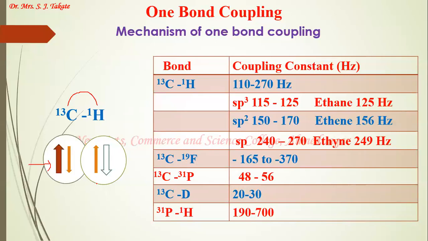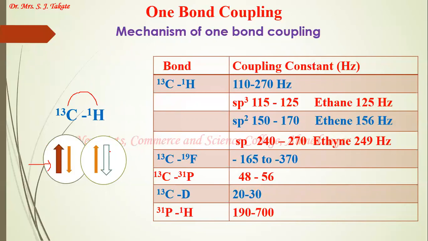As I said previously, the electron close to the nucleus will try to have its spin opposite to the nuclear spin. This is the ground state carbon 13 nucleus. It is going to absorb the radio frequency radiation and be excited. Now, how is this coupling partner going to affect this?